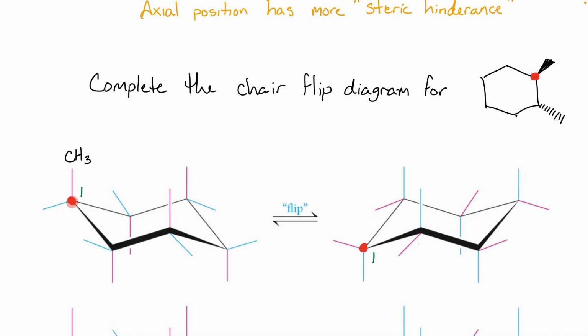All right, so remember, if it's axial on one side, it's got to be equatorial on the other side. So that would be that one there.